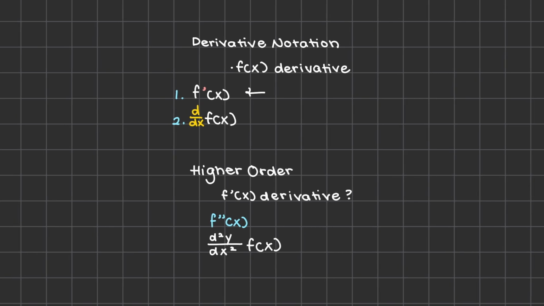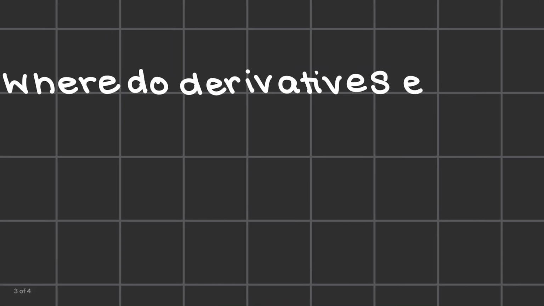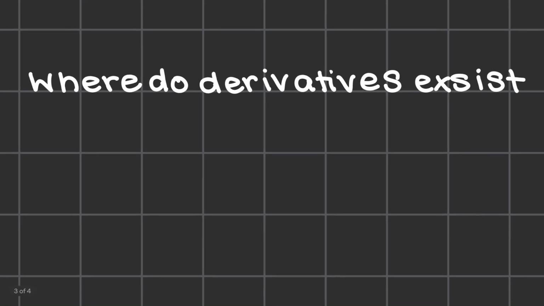Okay, since we understand that, let's go back and do a few problems then. Well, before that, actually, let's consider where exactly derivatives exist. So, how is a function differentiable? Now, there's two requirements in order for a derivative to exist.